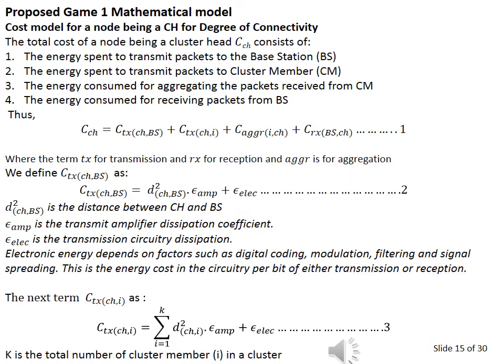That is the energy spent to transmit packets to the base station, energy spent to transmit packets to the cluster member, similarly energy consumed for aggregating the packets received from cluster members, and the energy consumed for receiving packets from base station. That is equation number 1. Similarly, equation number 2, that's the electronic energy, depends on factors such as digital coding, modulation, filtering, and signal spreading. This is the energy cost in the circuitry per bit for either transmission or reception.